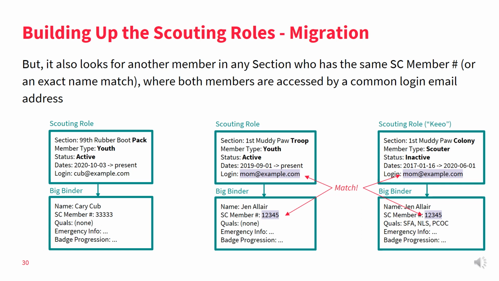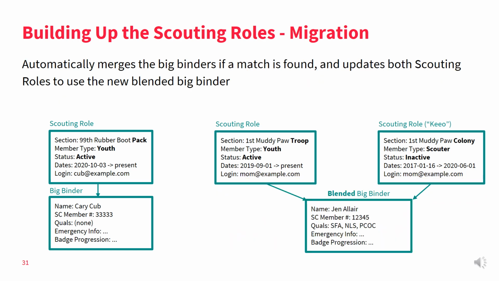So we're pretty sure that the two columns on the right represent the same person. Whenever we find a situation like this, we can automatically trigger a merge of the binders, and we come up with a blended big binder, and both the scouting roles are now flagged as using that big binder.